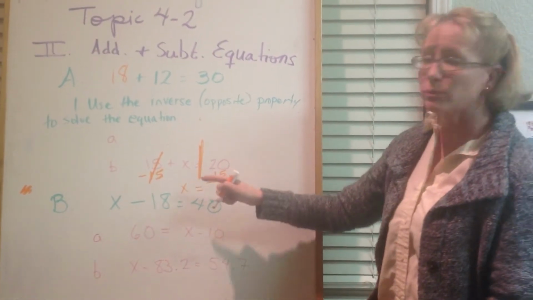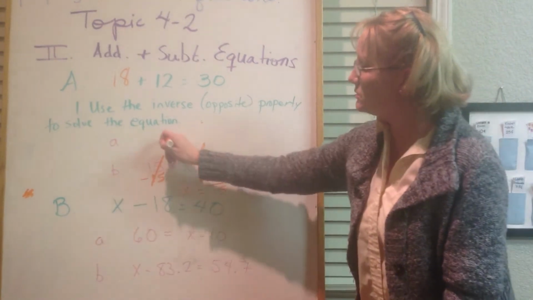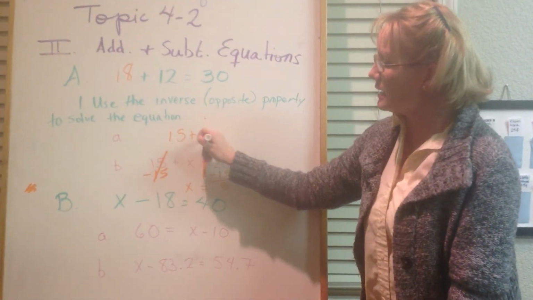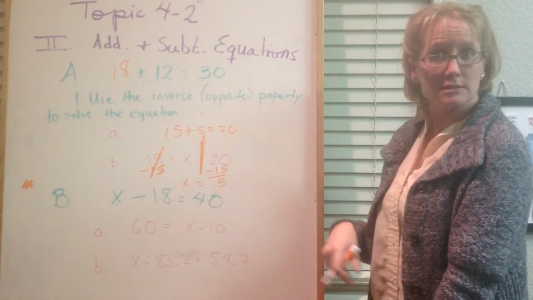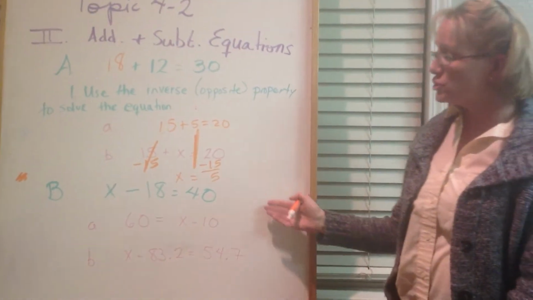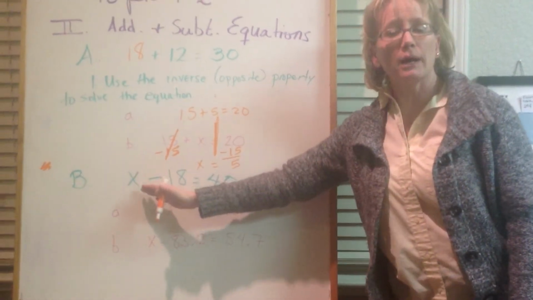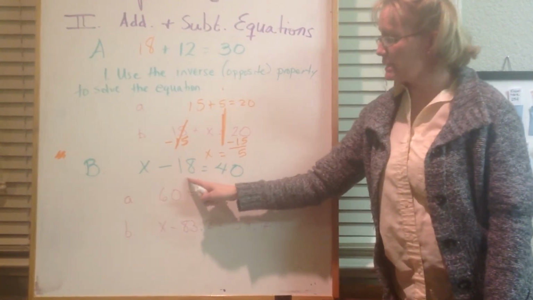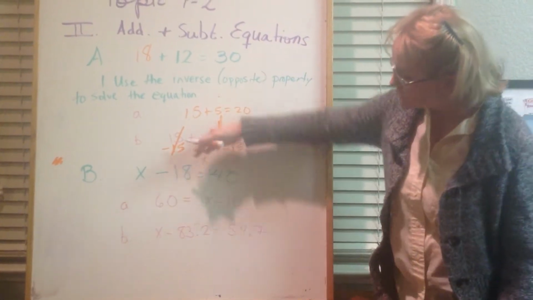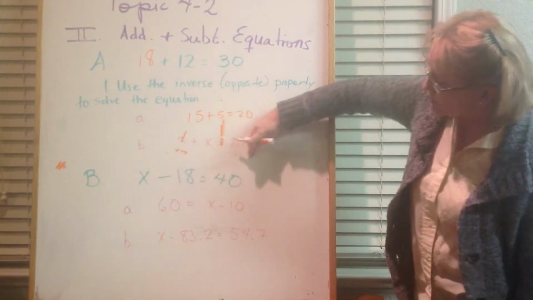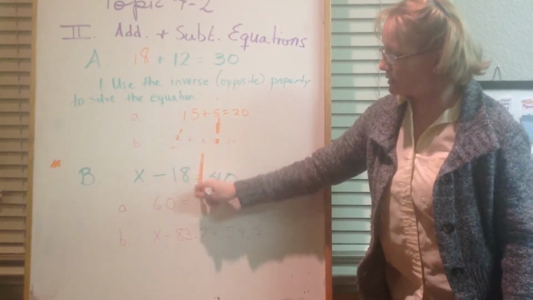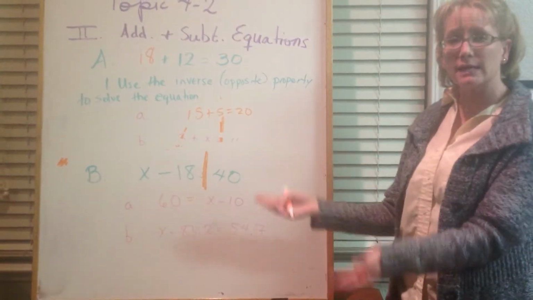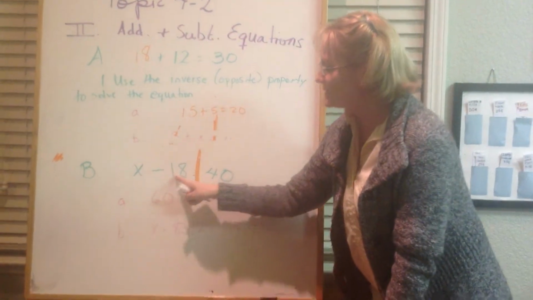Well, let's go back into our problem to see if that's true. If I replace my x with 5, is 15 plus 5 equal to 20? Yes, it is. The same is true down here with a subtraction equation. Some mystery number minus 18 equals 40. I want to look at one side of my math problem. That's my little wall. I look at the side that has the x. X minus 18.